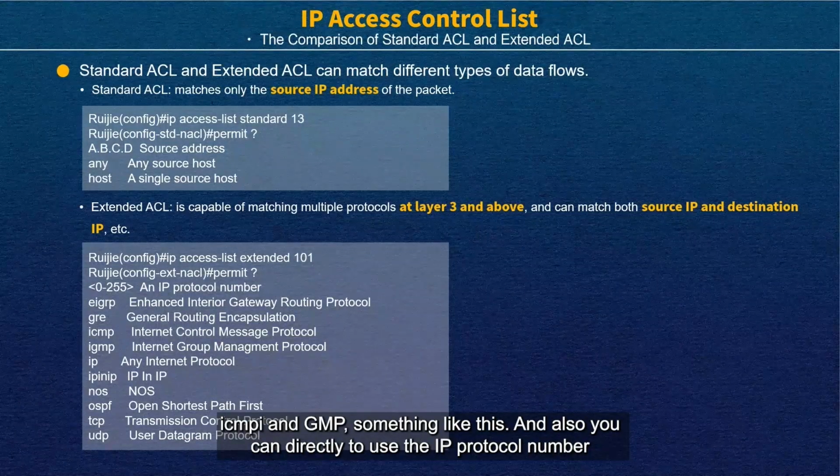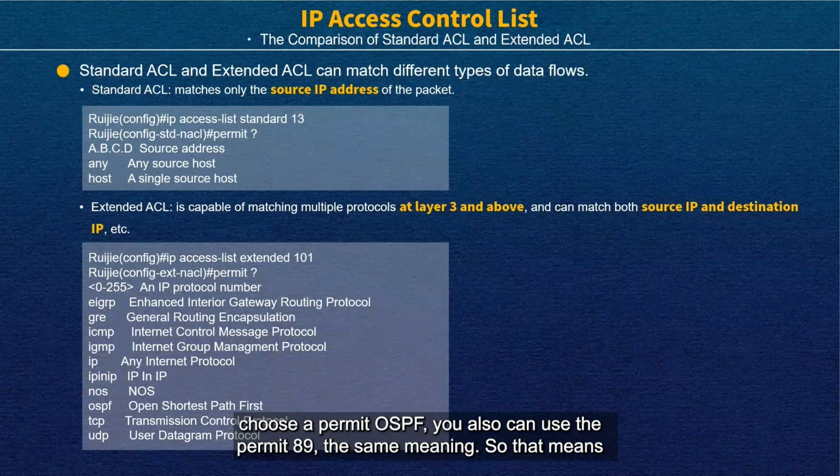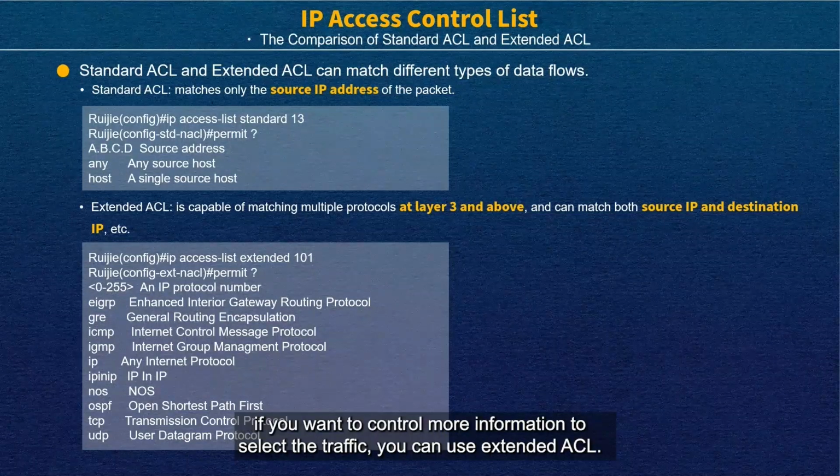EIGRP, GRE tunnel, ICMP, IGMP, something like this. Also you can directly use the IP protocol number to distinguish different protocols. For example, we can directly choose permit OSPF. You also can use permit 89, the same meaning. So that means if you want to control more information to select the traffic, you can use extended ACL.